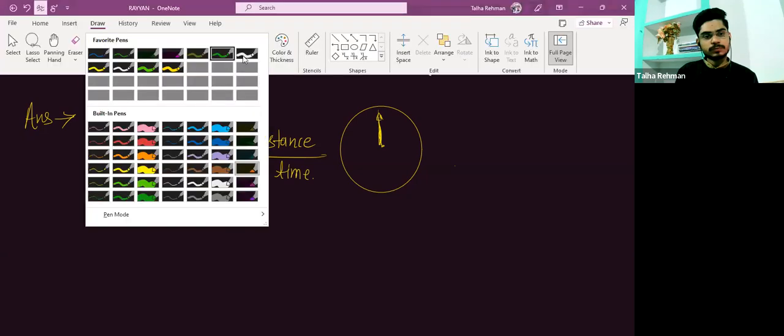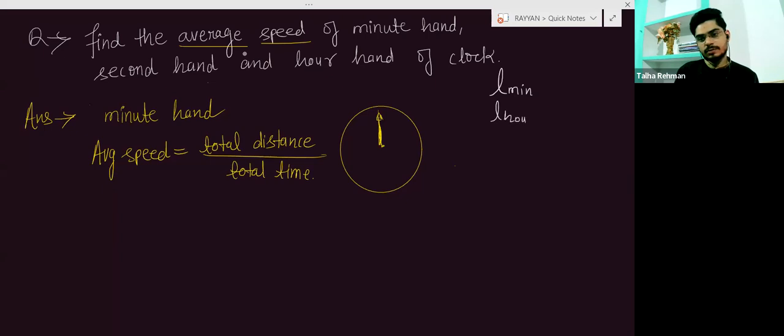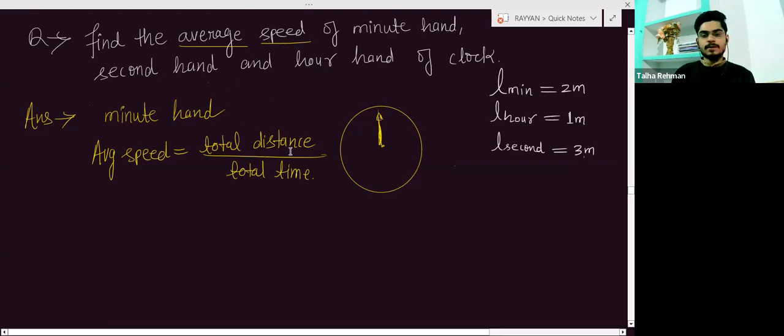The length of the minute hand, the length of the hour hand, and the length of the second hand are given. Suppose the length of the hour hand is 1 meter, the length of the minute hand is 2 meters, and the length of the second hand is 3 meters. This is given.